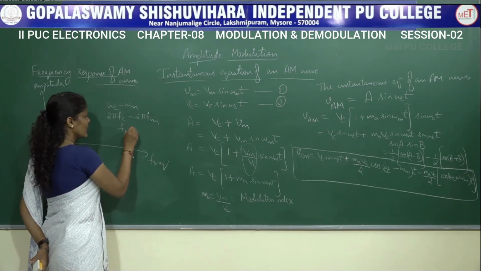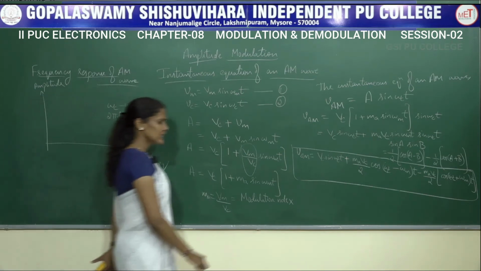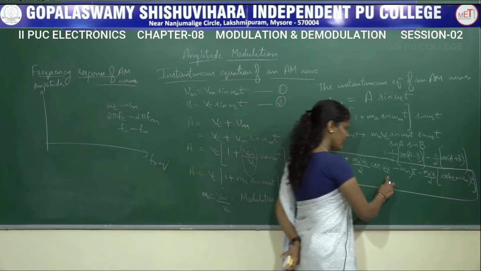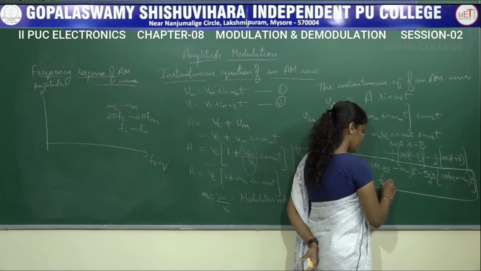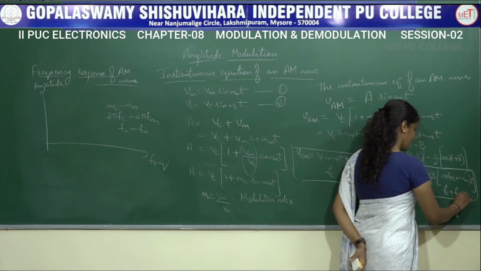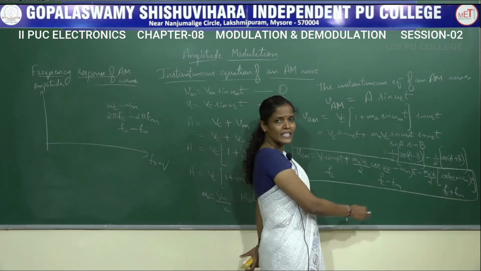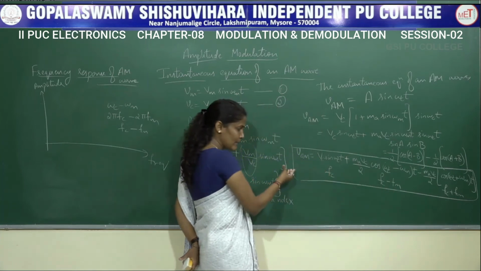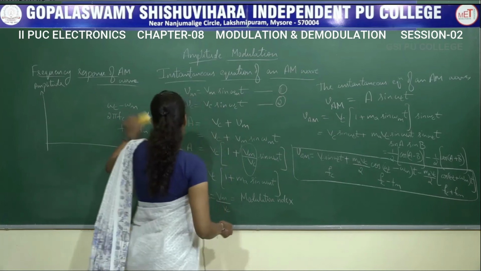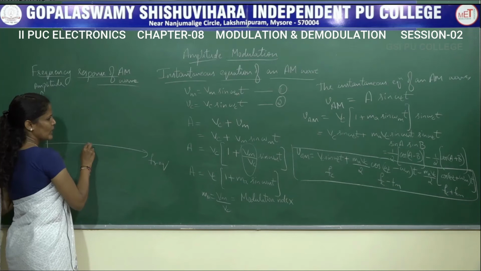Taking 2 pi common, I will be left with fc minus fm, whereas the frequency of the carrier component is just fc, the frequency component of this particular expression is fc minus fm, whereas this is fc plus fm. So fc is at the center, fc minus fm will be below fc, and fc plus fm will be above fc.